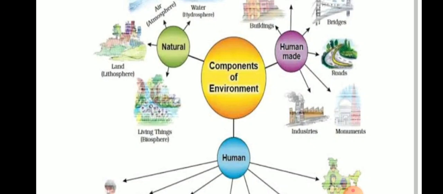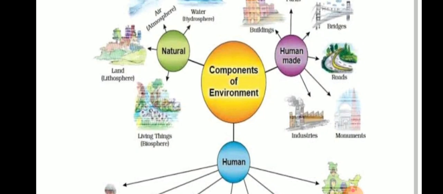It includes all vegetation, soil, rocks, air, water, plants, animals, land, etc. So in this picture you can easily see natural environment consists of air, which is also known as atmosphere, water, which is also known as hydrosphere, land, which is also known as lithosphere, and the last one is living things, which is also known as biosphere.